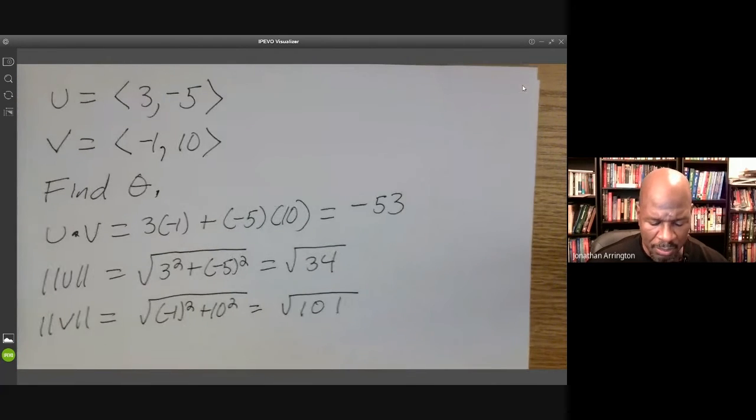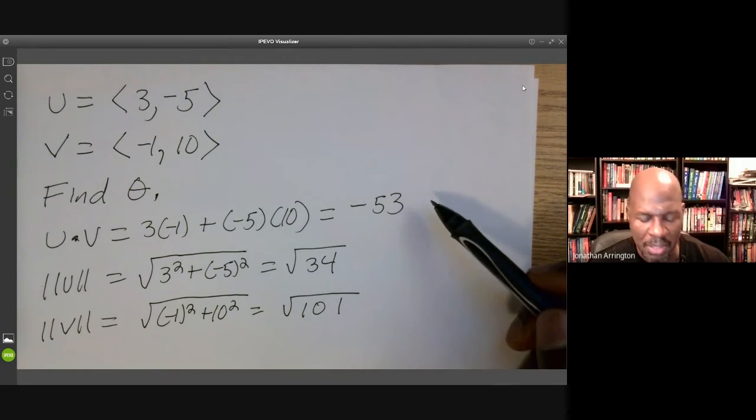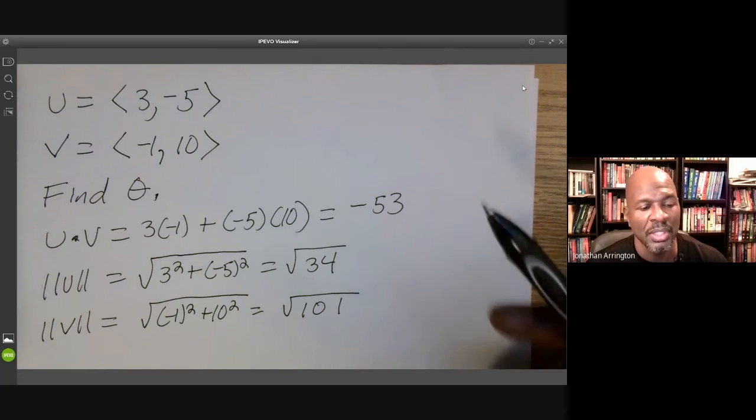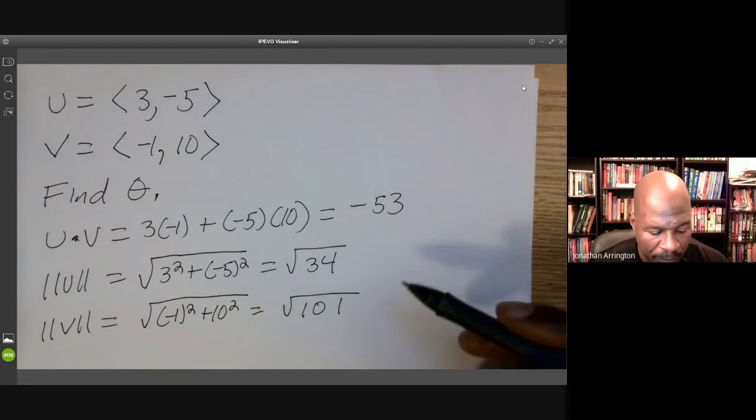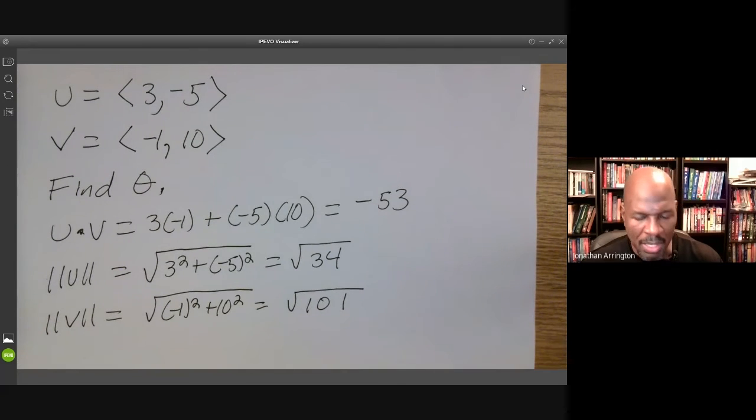So I have my three numbers. Again, when finding the angle between two vectors, you just need to find the dot product of the two vectors and the magnitude of both vectors, and then you're able to find the angle. So let's go ahead and find the angle theta. Theta is going to be some angle between 0 and 180 degrees, or 0 and pi radians. I'm going to find the answer in degrees. This is a calculation.